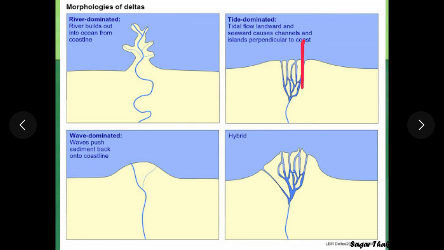So you get to see sand bodies which are deposited perpendicular to the coastline here, and tidal flats. And this is wave dominated delta, where the sand bodies are deposited parallel to the coastline in the form of barrier islands. And this is the hybrid of both actions, wave dominated and tide dominated, where you can see sand bodies perpendicular to the coastline as well as parallel to the coastline.